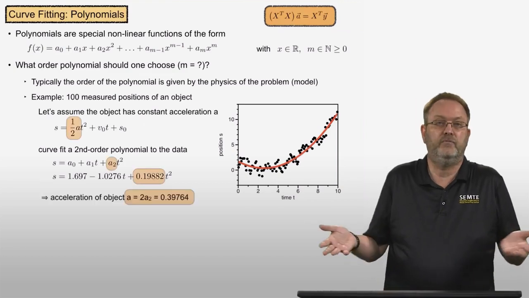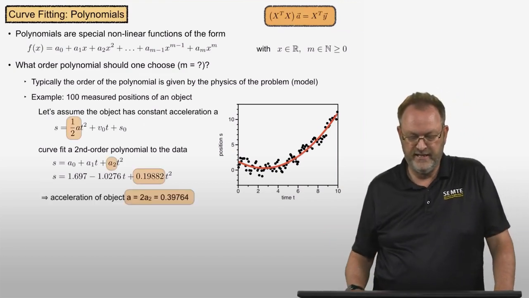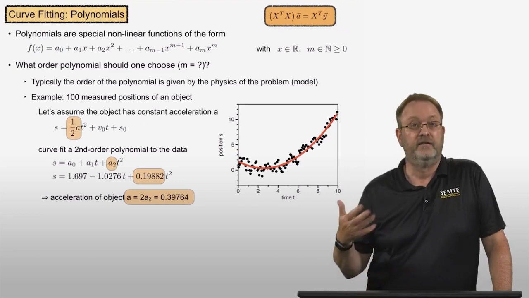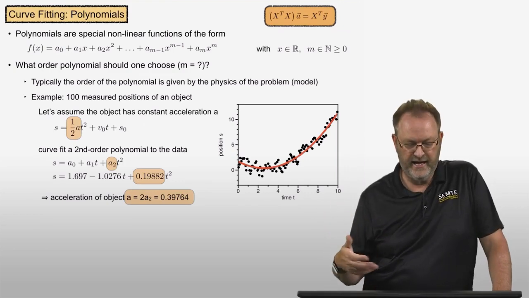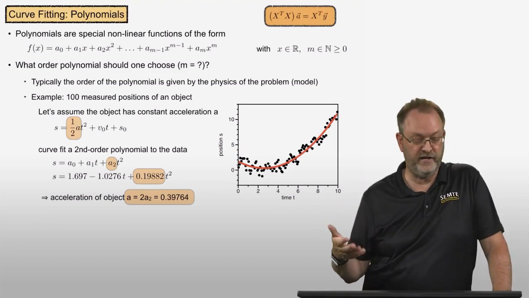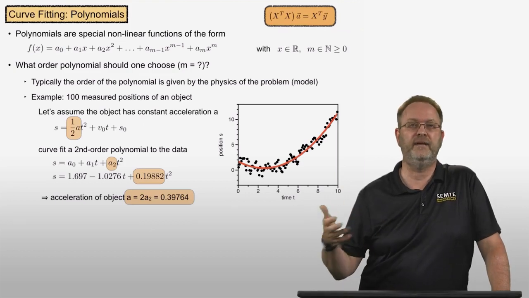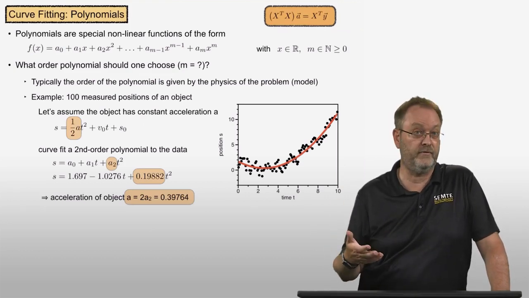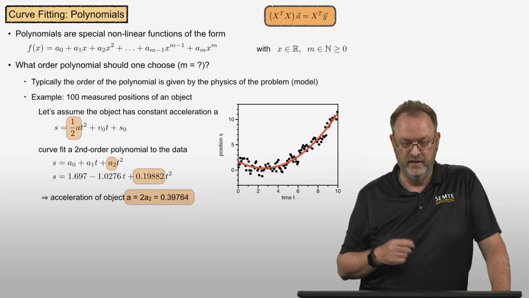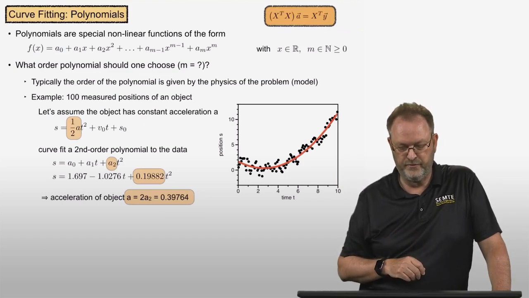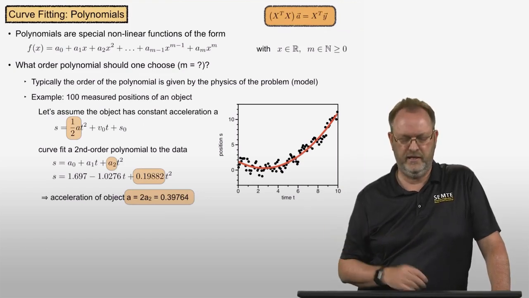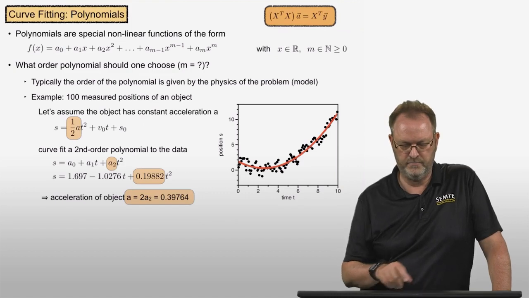And I can now calculate what the acceleration of this object is, right? Because the prefactor, the a2 that multiplies t squared, is equal to 1/2 times the acceleration, which means the acceleration is 2 times my a2. And in this case, the acceleration would be 0.39764 in dimensionless units.